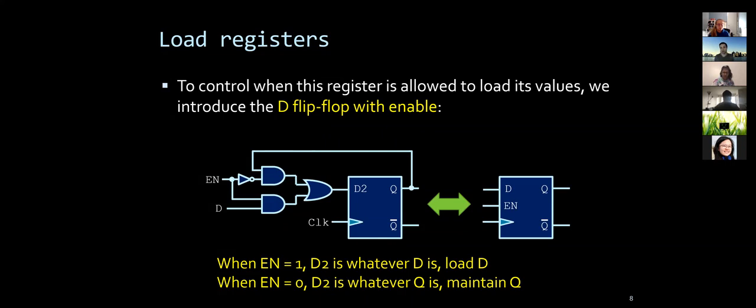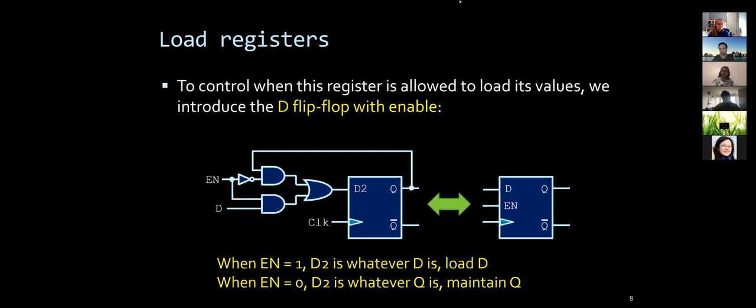Whenever I enable it, it works as a store. It stores the value D that you give it. If not, it maintains the old value. Remember, when I want to use registers, I want not only to store values, but also to maintain the old values I stored. This is what this D flip-flop with enable does.